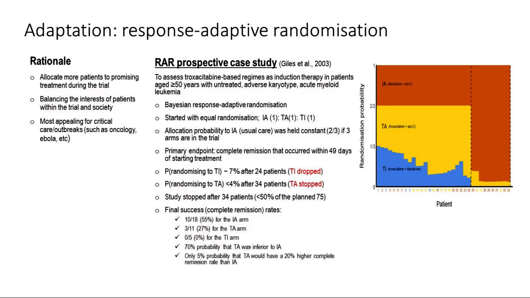It would be interesting from a methodological perspective to ask, can we account for changes in the population to also influence the randomization? That's something that maybe some clever people can work out. You can probably adapt for it all, but then the inference becomes very difficult. Exactly, yeah. As to how you interpret the results when you've had multiple levels of adjustment.